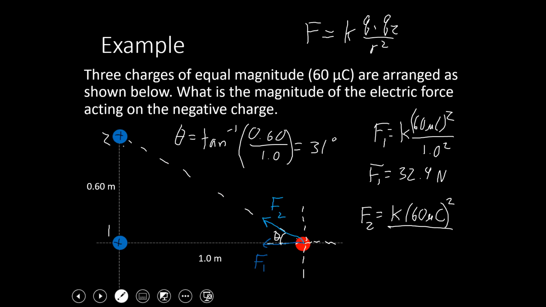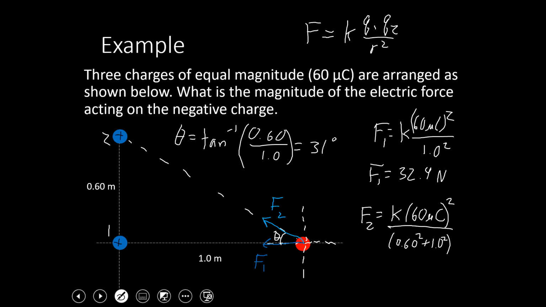So we'd have to find the hypotenuse. To find the hypotenuse, you do c squared equals a squared plus b squared, right? So 0.60 squared plus 1.0 squared. And that gives me c squared, my distance between those two charges squared.